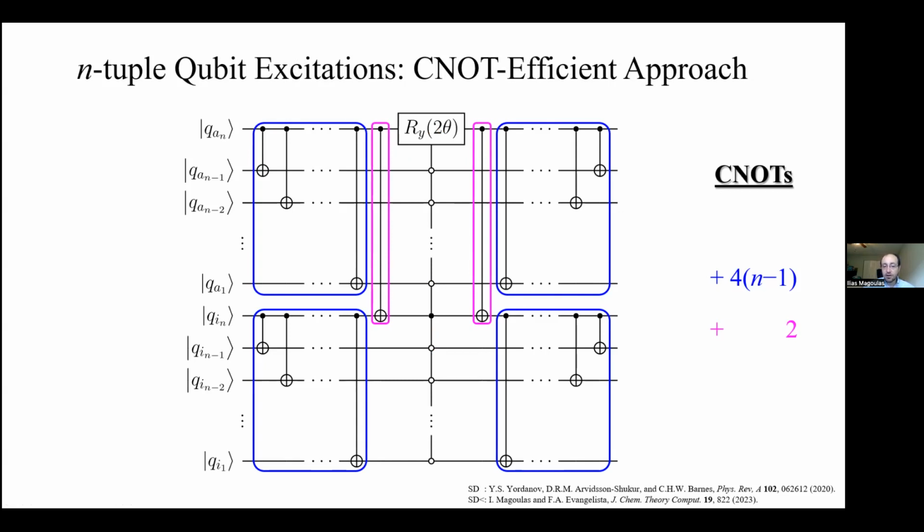So the approach that Yordanov used, and that's the one that we also adopted, requires an exponential number of CNOTs, which is 2 to the 2n minus 1. So there is still an exponential cost, but this is an exponential cost of CNOTs, not CNOT staircases. And you can see here that also the exponent is smaller than the one we had in terms of CNOT staircases. So this is where the big savings come from.